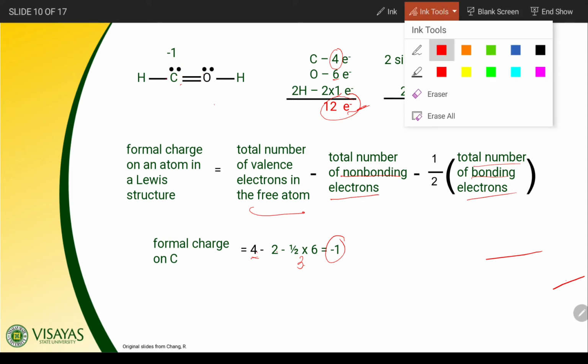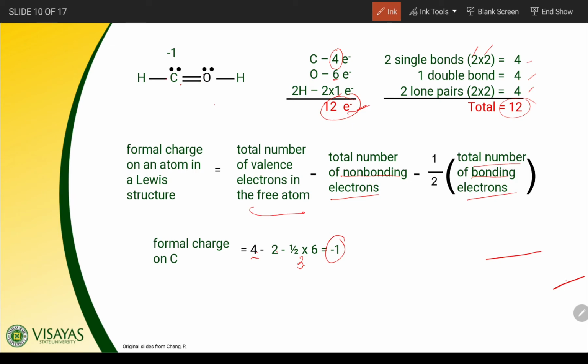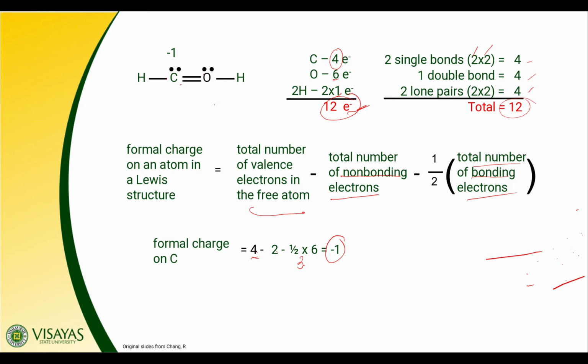Okay, let's compute the formal charge on the oxygen atom. The valence electron of oxygen is 6. Then the total number of non-bonding electrons: we will look at oxygen in this structure.